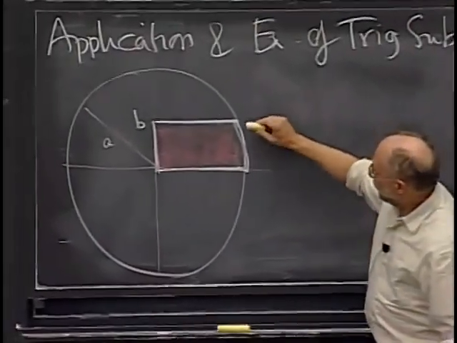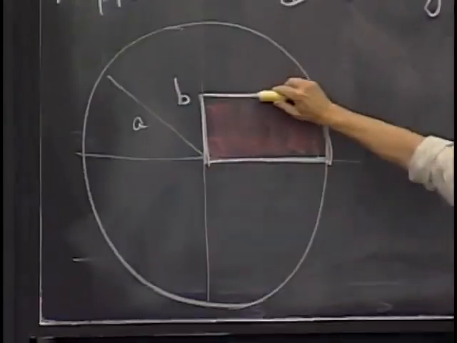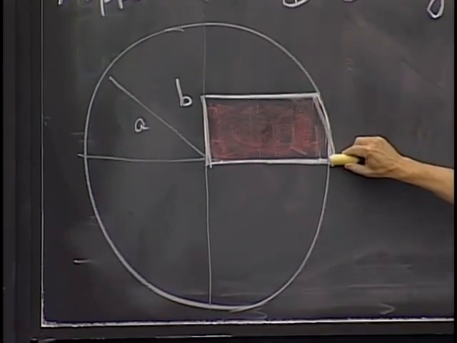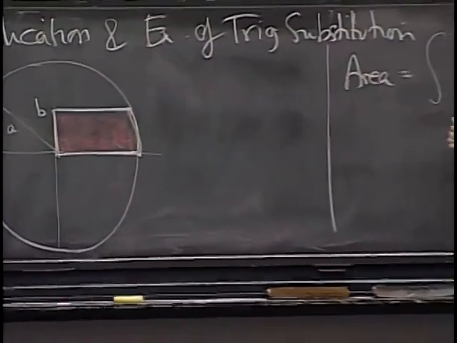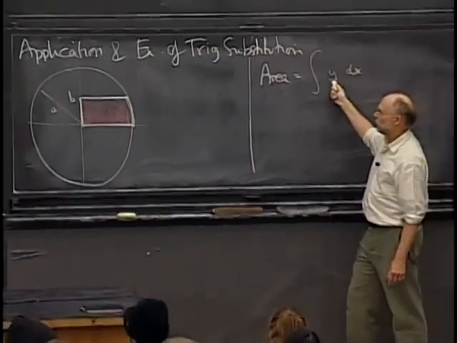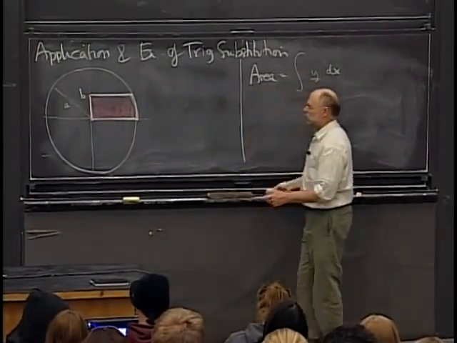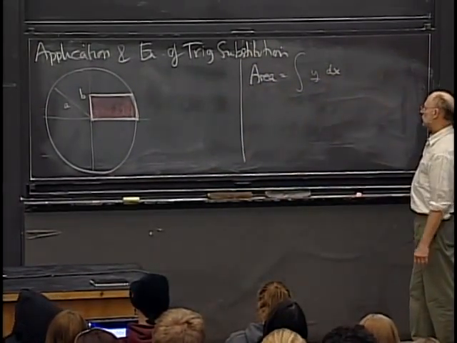But that's a little bit awkward because my formula for y is going to be a little strange. It's constant value of b along here, and then at this point it becomes this arc of the circle. Expressing y as a function of x, the top edge of this shape, takes two different regions to express.